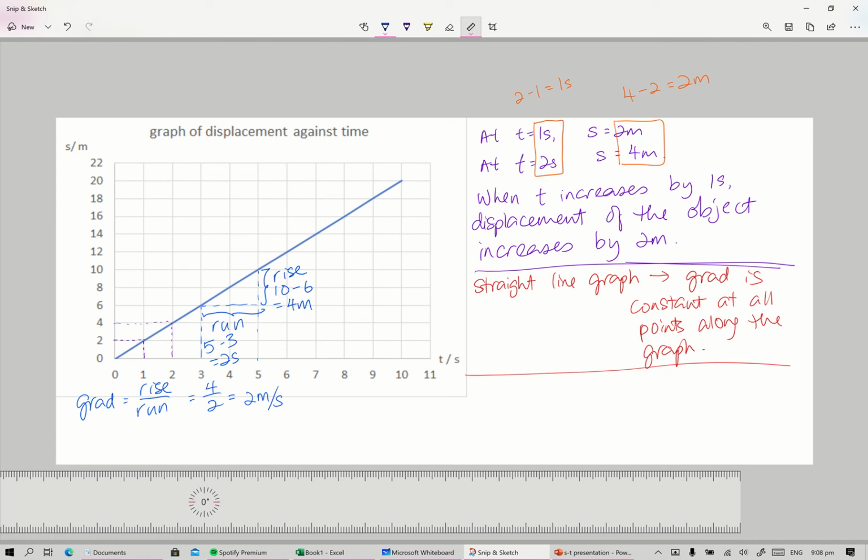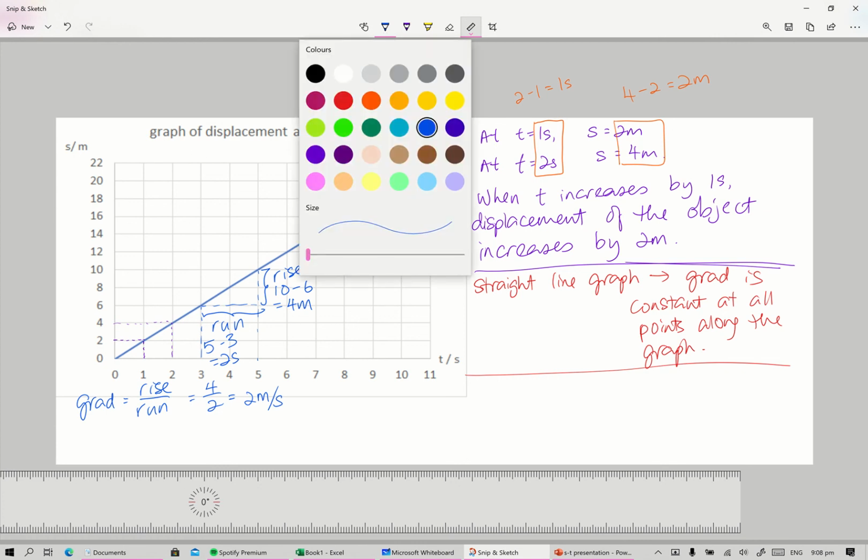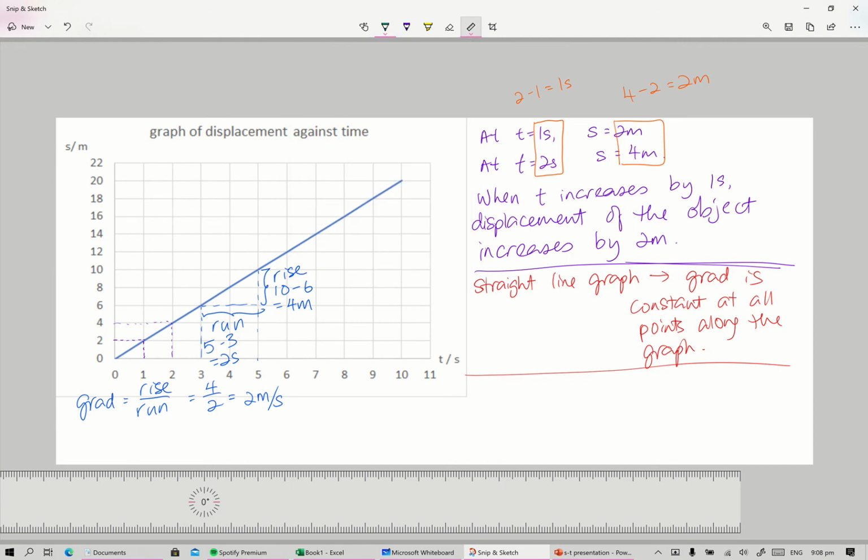And is it constant throughout? Yes, because it's a straight line graph, it will be constant throughout. If I choose this coordinate and this one, this will be the run, which is 10 minus 6 equals 4 seconds.